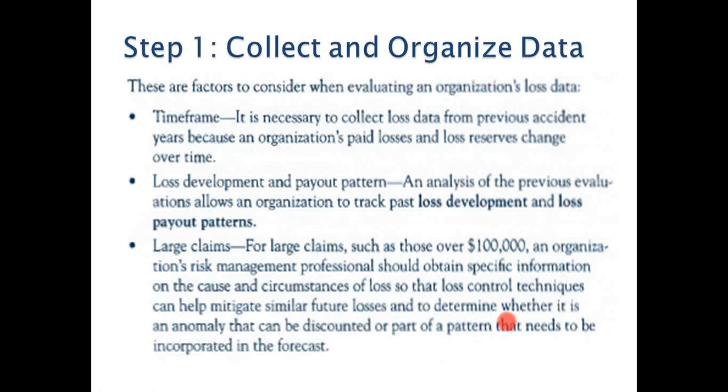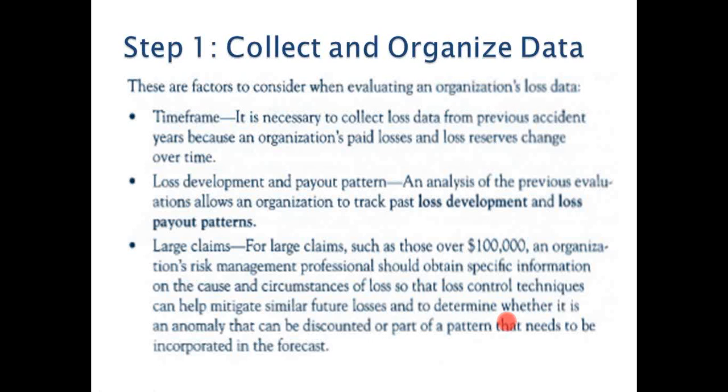So if we originally reserve a claim at $1,000, but by the time it closes it's $3,000, how quickly does that claim grow or mature, as we like to say? And then also, how quickly do we actually pay out those claims? Are we going to pay $2,000 out in the first year and then $500 in the second, $500 in the third? That might be the payout pattern.